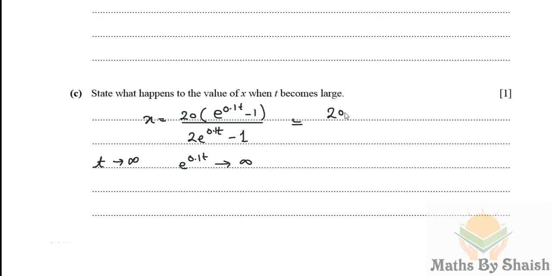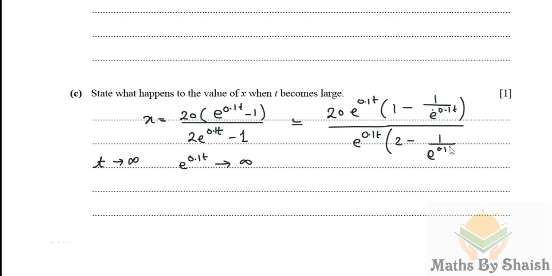I'll take 20 e raised to the power 0.1 t common, so it becomes 1 minus 1 over e raised to the power 0.1 t, and in the denominator also e raised to the power 0.1 t common, and we're left with 2 minus 1 over e raised to the power 0.1 t, because in that case 1 over e raised to the power 0.1 t will tend to 0. So these two got cancelled.